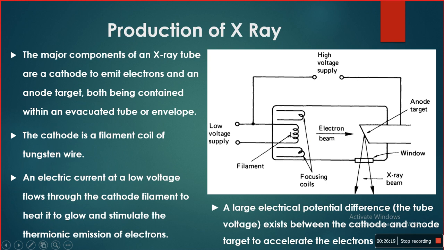This is the filament, which is considered as the cathode, and the metal target, which is considered as the anode. When electric current passes through this filament, it heats up and glows, and electrons are emitted from this filament. Those electrons are attracted towards the anode target, which is a metal, and when that electron beam bombards the metal target, X-rays are produced.